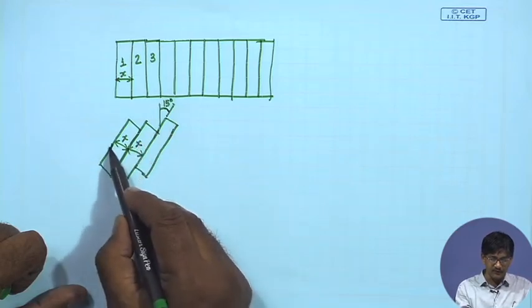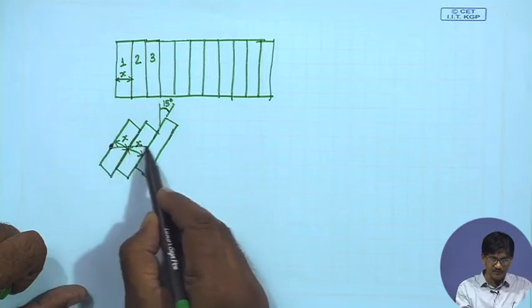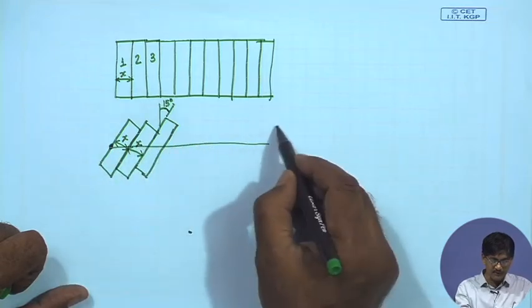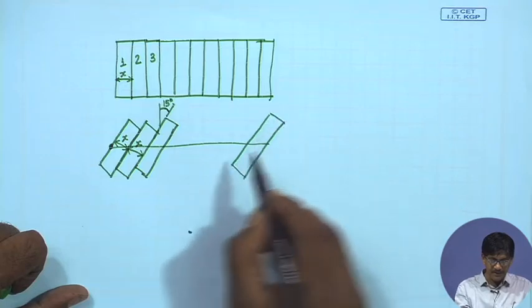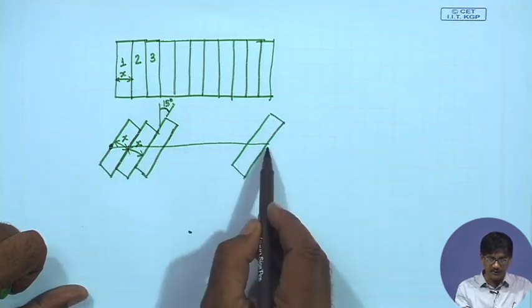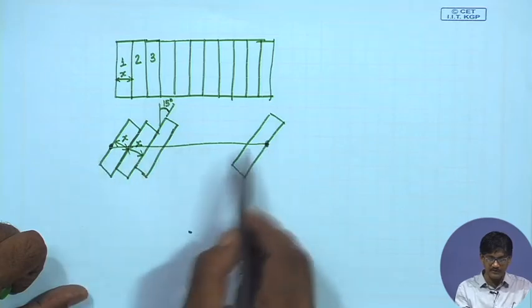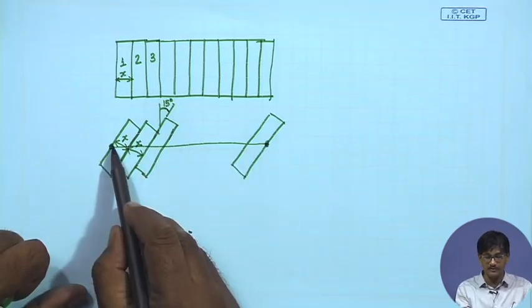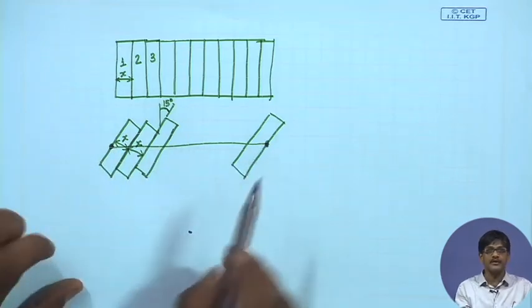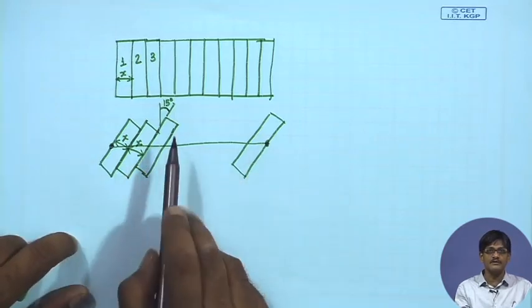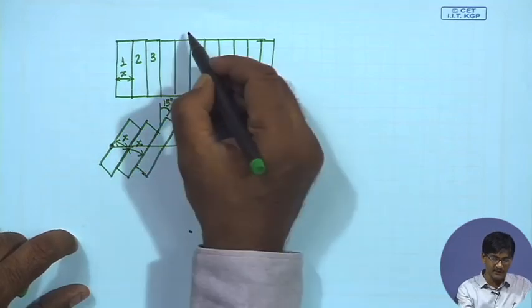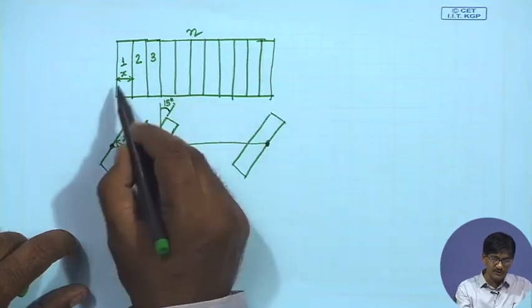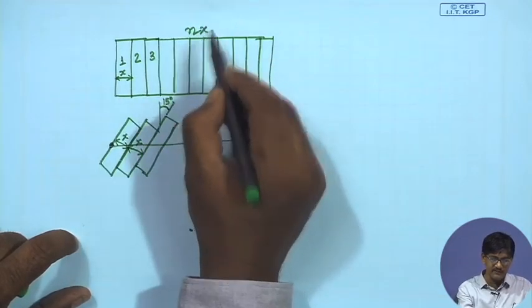Can you find out, from this middle point to the middle point of the last book, whether the shelf will be able to accommodate it or a larger shelf would be required? Middle point to middle point. If there are n number of books, here the distance is equal to n x.